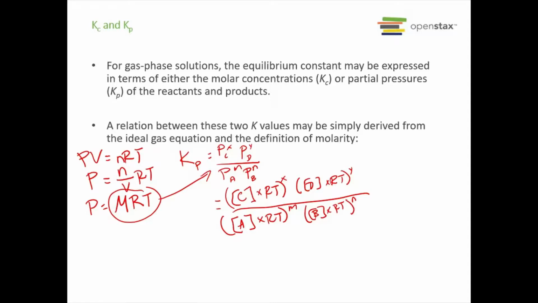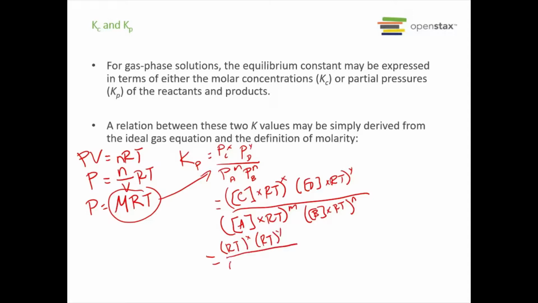So now we can do some simplifying here and kind of pulling some things out. Let's just go ahead and do this step by step. RT to the x, and we have times RT to the y.